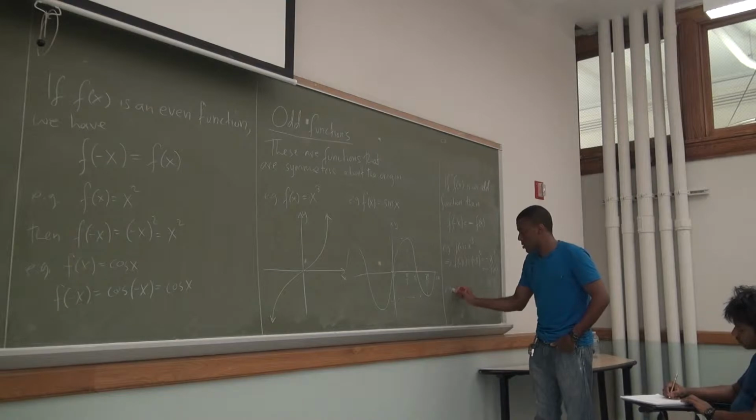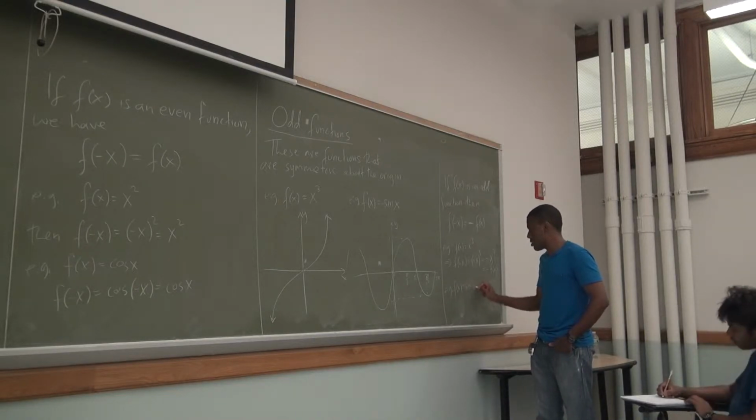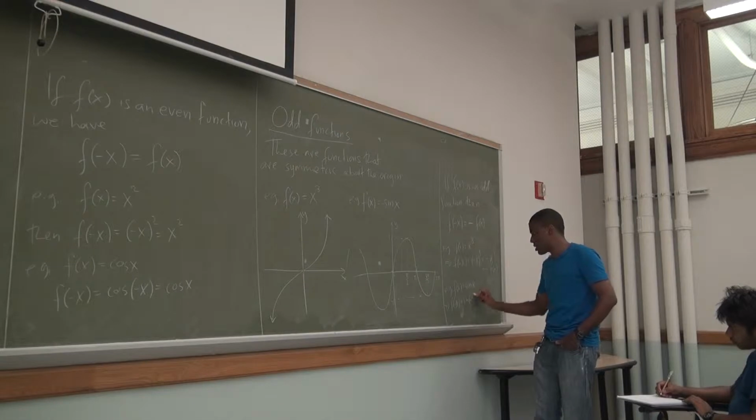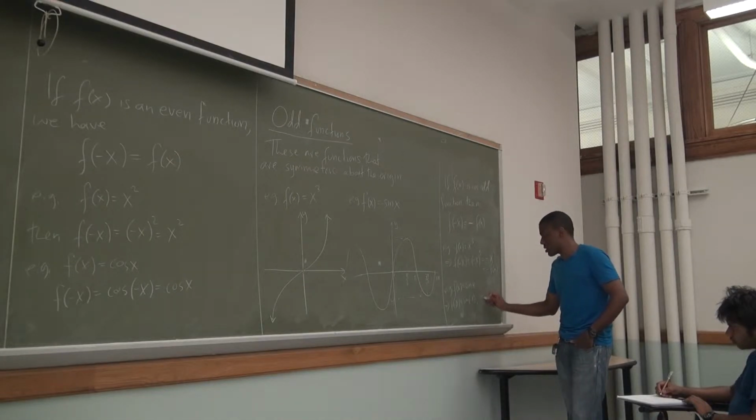Or if I have f of x equals sine x, then your f of minus x is just sine of minus x, just minus sine x, which is minus f of x.